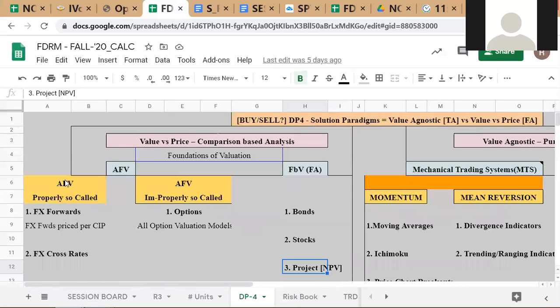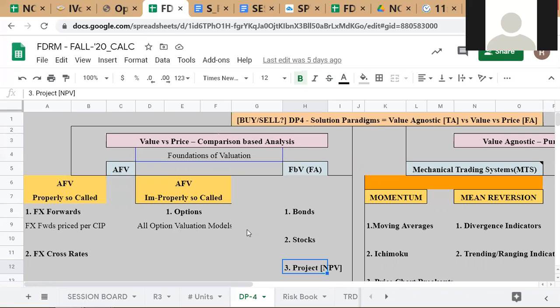Generally, unless you're talking about this exception here for pure arbitrage, proper arbitrage-free valuation models, which we haven't come to yet, but there is an exception. So there is a category of fair value models which are objective, but generally fair value models are subjective. Most of the fair value models you're going to use in your life are subjective models, including the option valuation model.